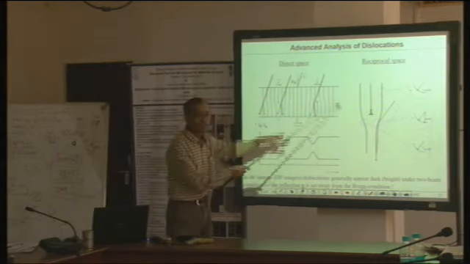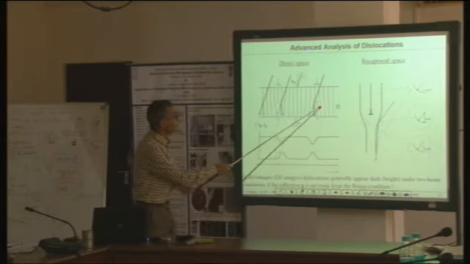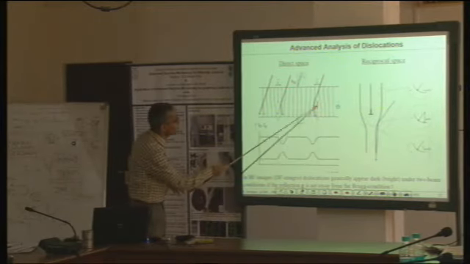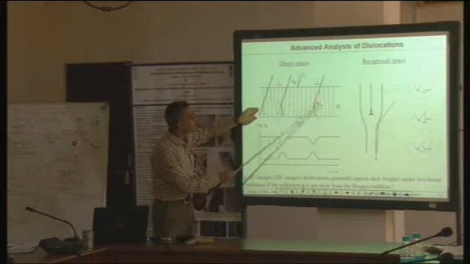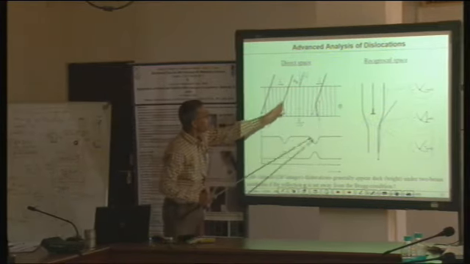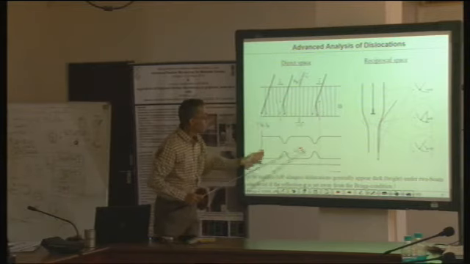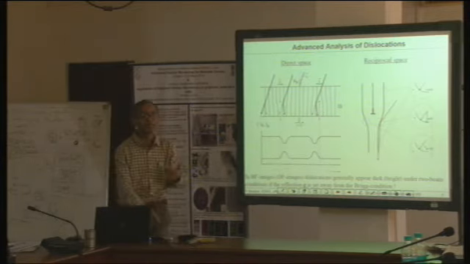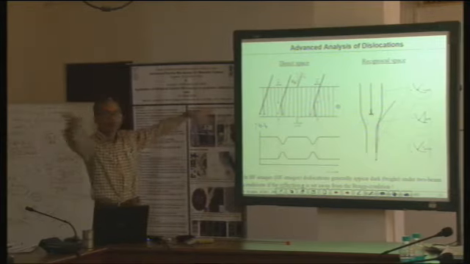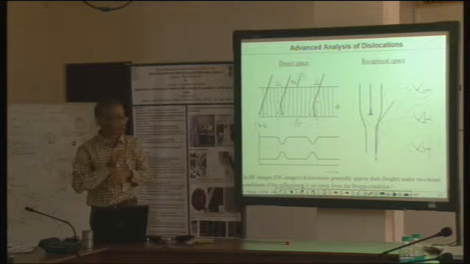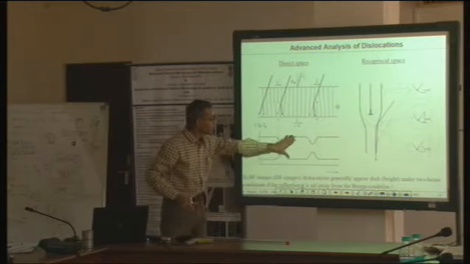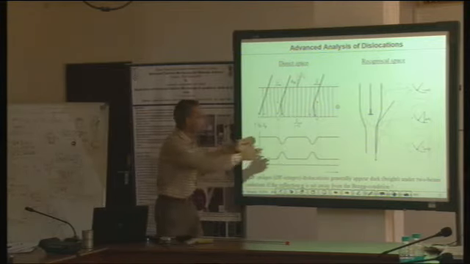So you get contrast either from this part of the core of the dislocation, here and here, or from inside, depending on whether S for the general bigger sample was greater than 0 or less than 0. In one case you get the contrast inside, in the other case outside.